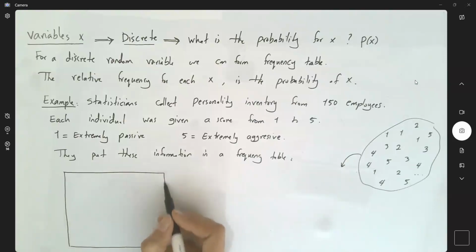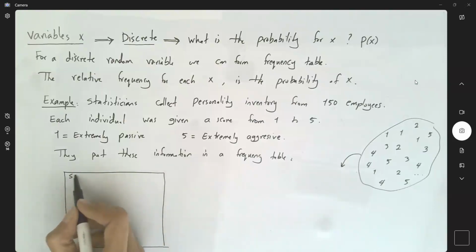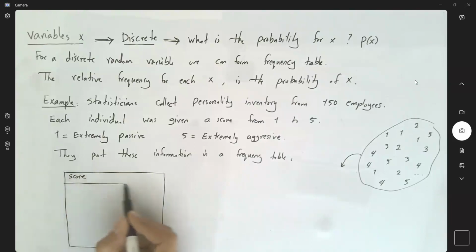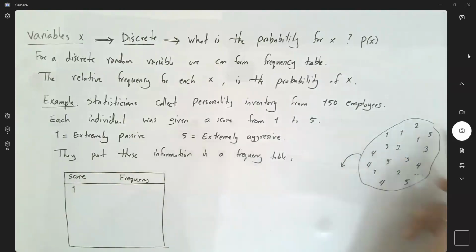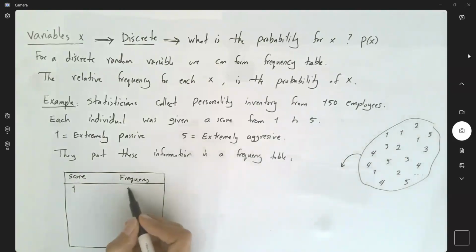This is the score that we have, and this is the frequency. Score 1, how many employees got 1? The number of employees who received score 1, by counting these, was actually 24.